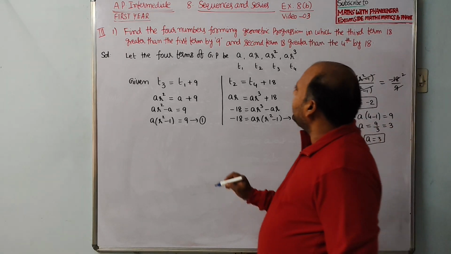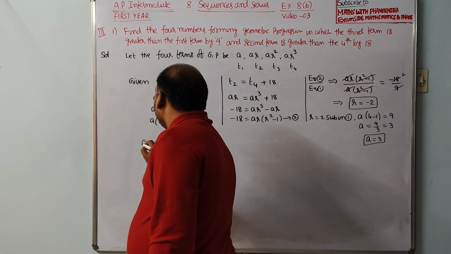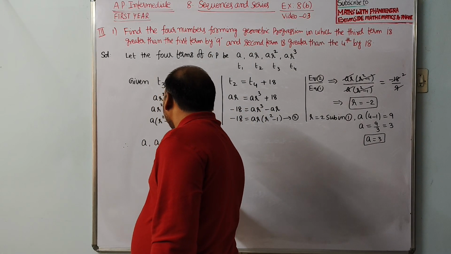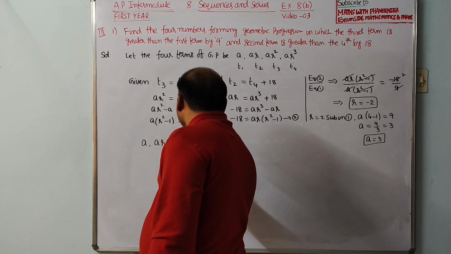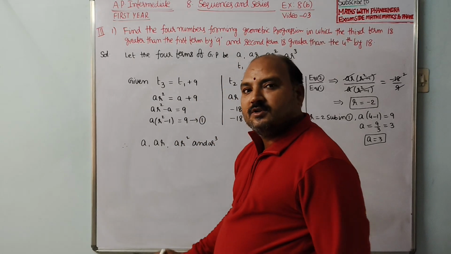So they are asking to write the four numbers. Therefore, a, ar, ar square and ar cube are the four terms. So a means what?